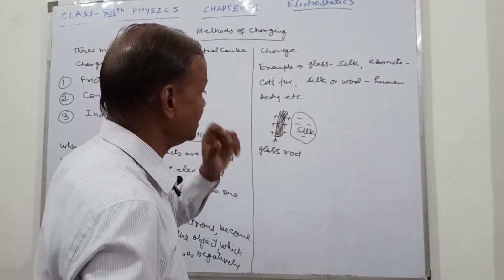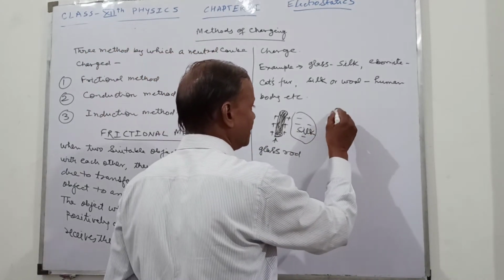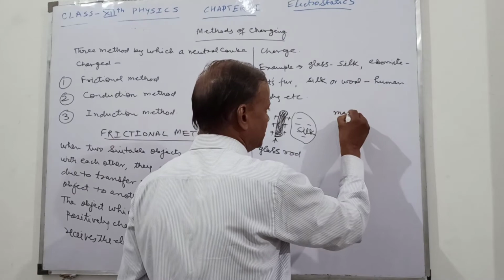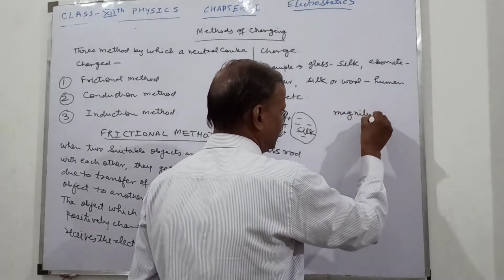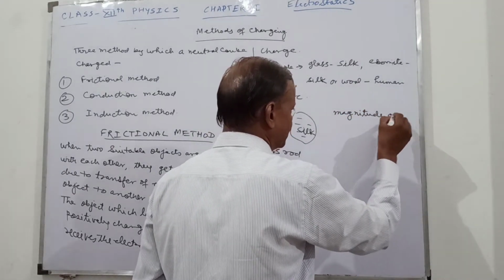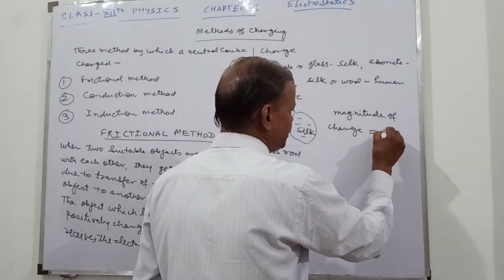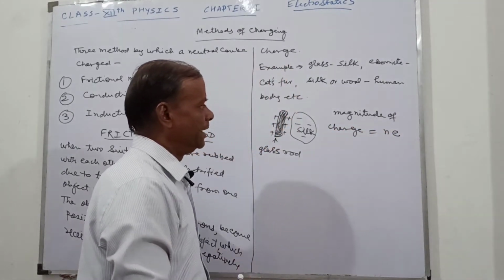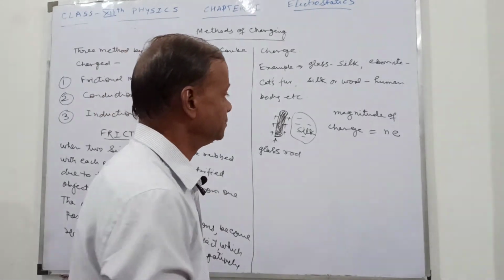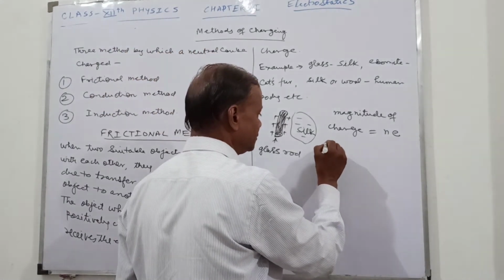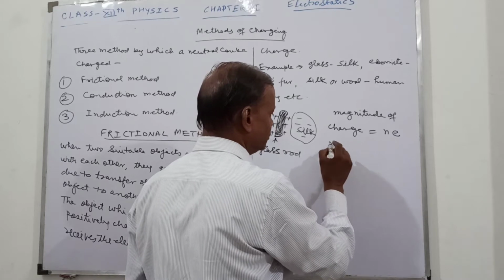And now you can see that the magnitude of charge is equal to Ne, where N is the number of electrons transferred and e is the electronic charge.